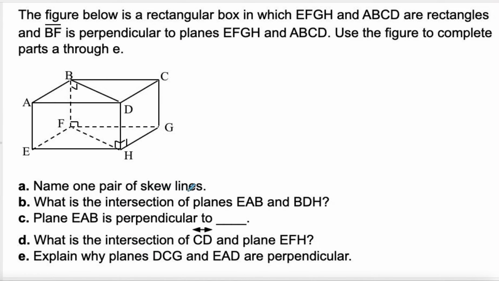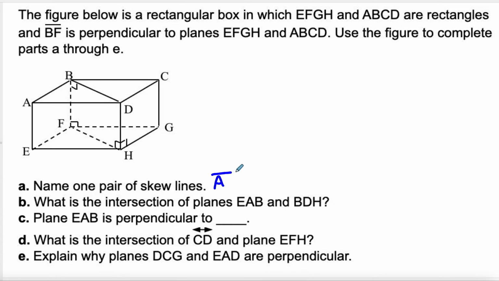Name one pair of skew lines. There are so many skew lines. For example, line AB and DH, line AB and CG are skew lines because they are not parallel. These two are not parallel, but they do not intersect, right?